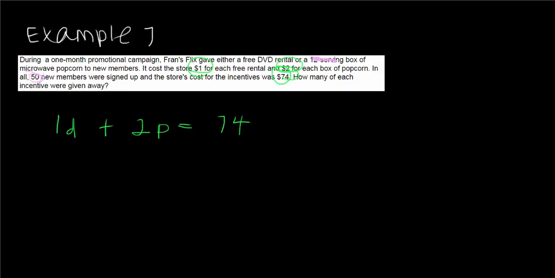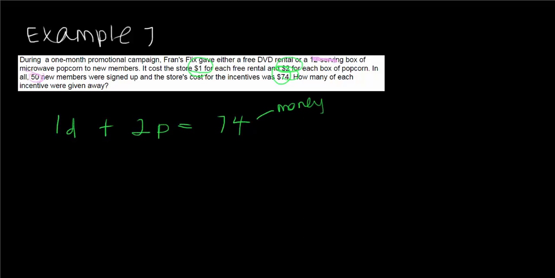Did it represent the popcorn or the rental? And then I'd have to determine what Y represented. This way I know: $1 DVDs, $2 popcorns, and when I solve for D, that's DVDs. When I solve for P, that's popcorn. So I have a money equation. I'm going to write out to the side, money equation.